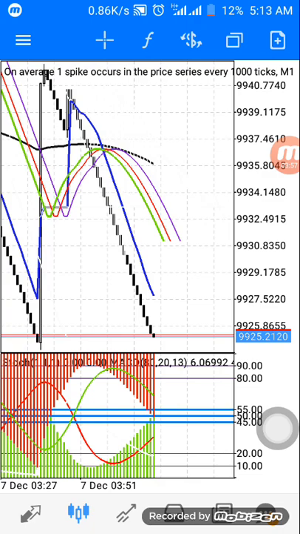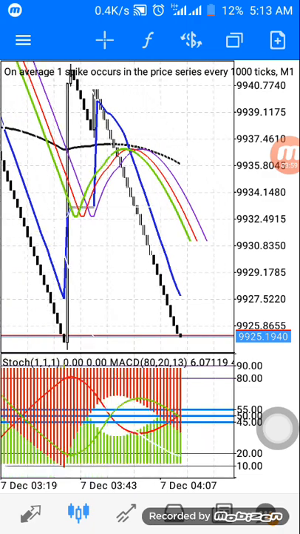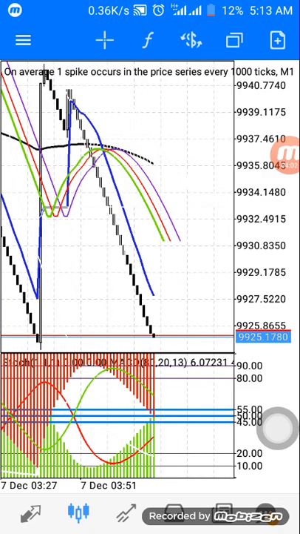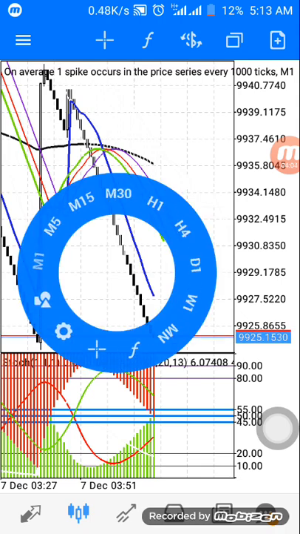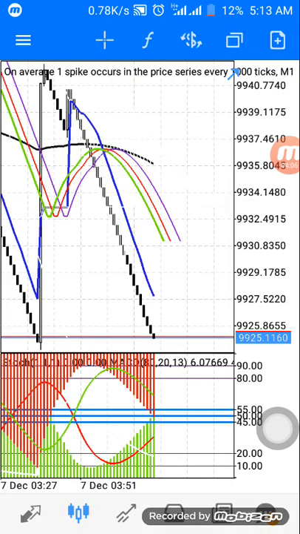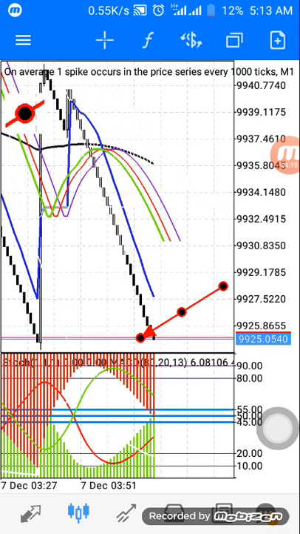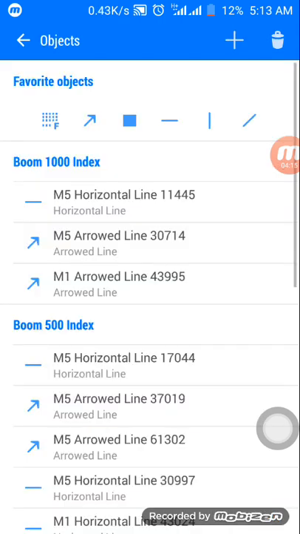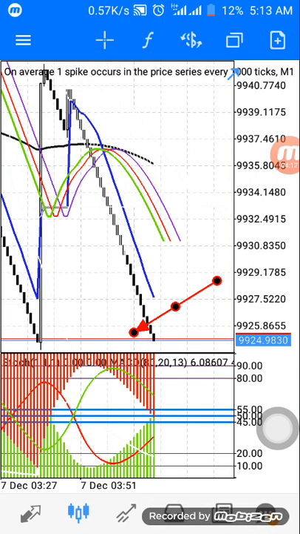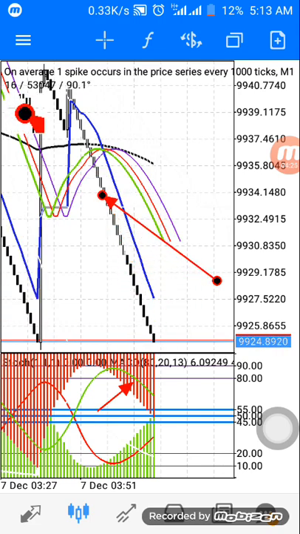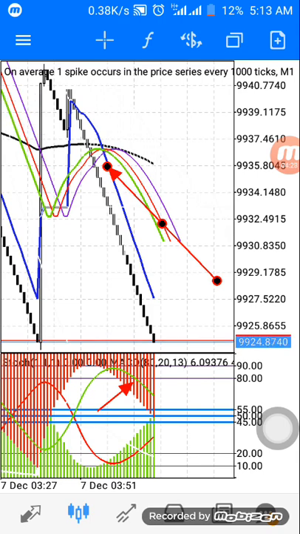Okay, now how does this strategy work? Our entry point is when the green line here, for Boom 1000, touches this point, and on the main chart there's a crossover of these lines here.